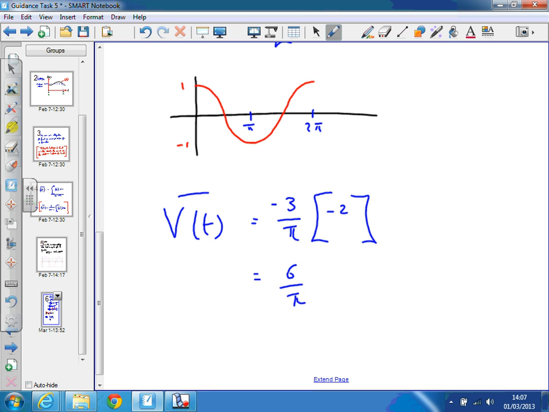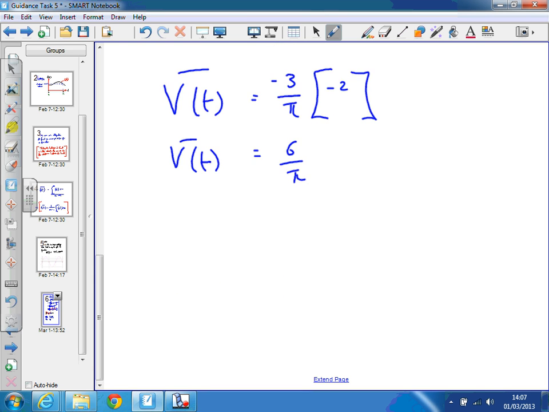So the average value for the voltage is 6 over pi. We can leave it like that because that's an exact answer, or we can get our calculator out and give ourselves a value to an appropriate number of significant figures.